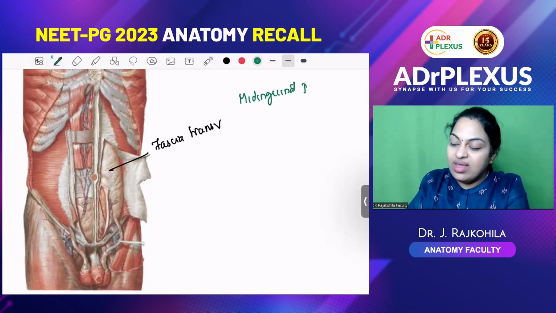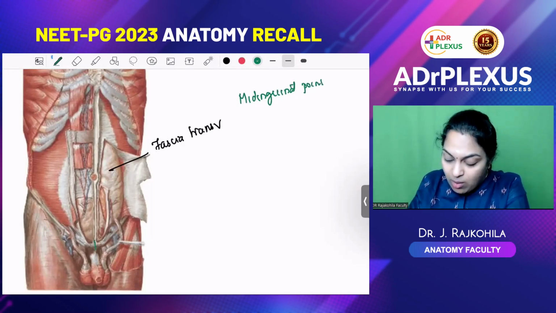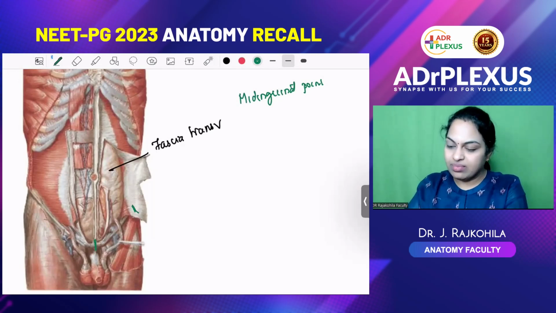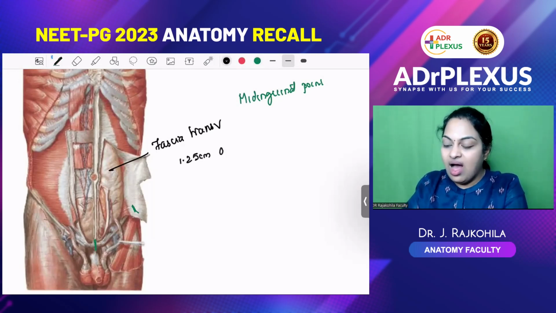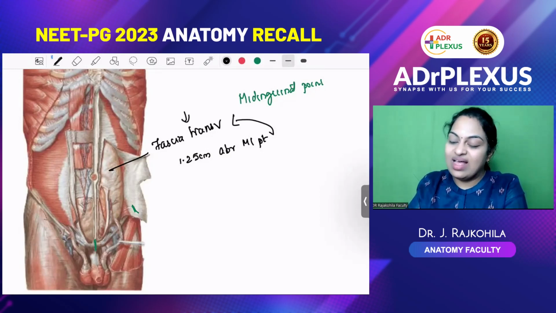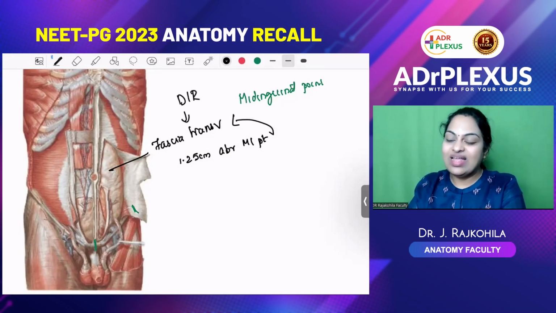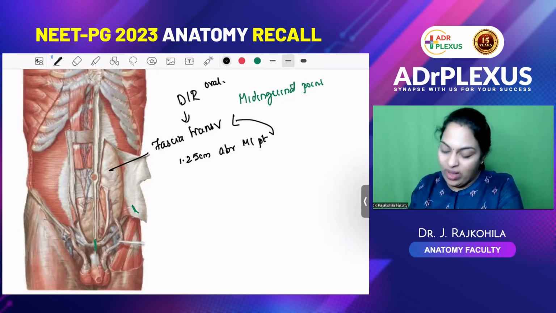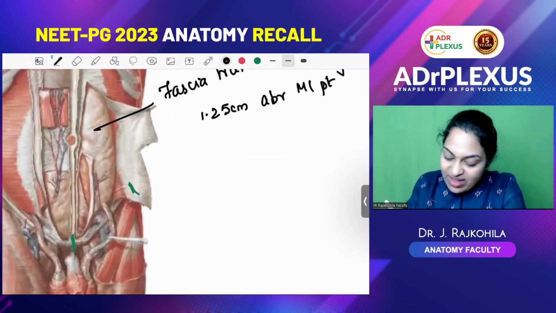The mid-inguinal point is the midpoint between the pubic symphysis and the anterior superior iliac spine. 1.25 centimeter above the mid-inguinal point, an opening in the fascia transversalis, that's the deep inguinal ring, which is oval. So it's here.